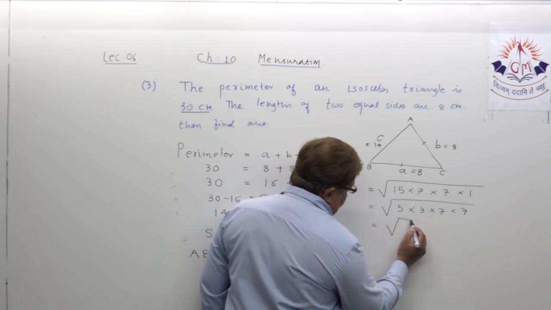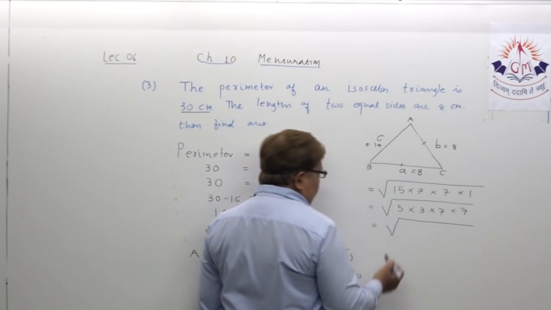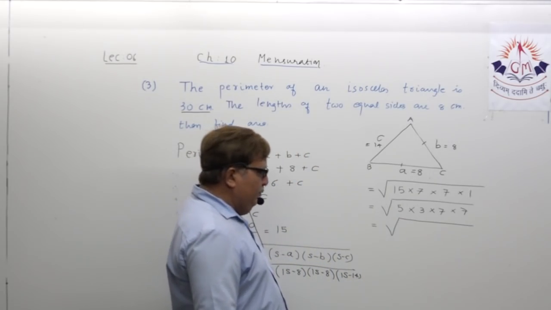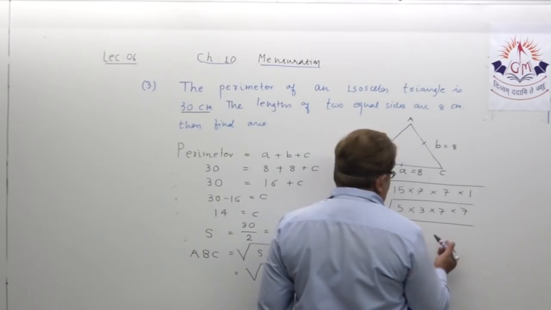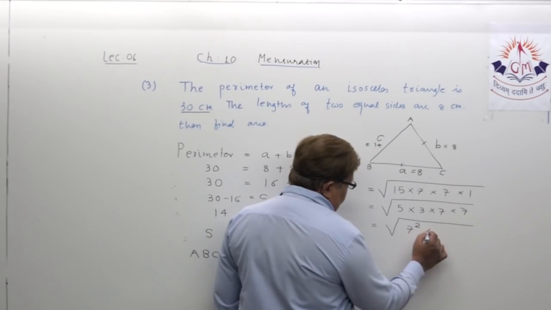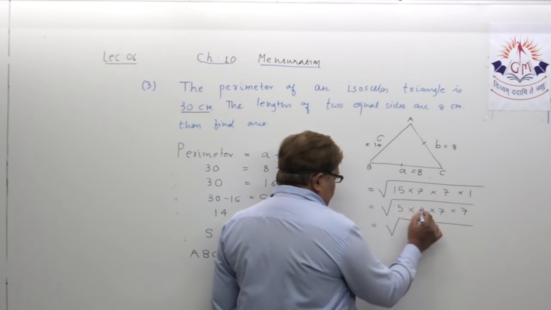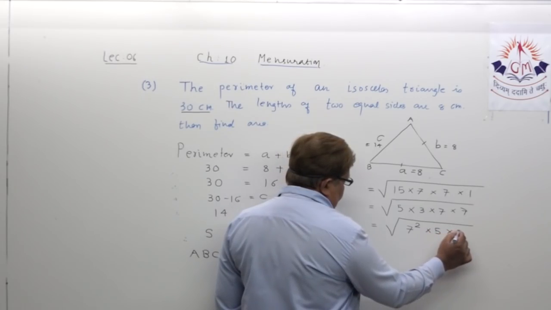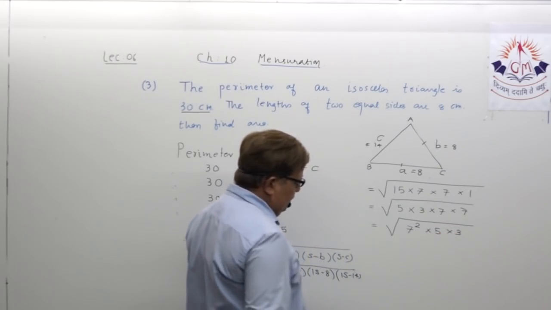Now, are we getting a pair of 5? No. Are we getting a pair of 3? No. Only we are getting the first pair. You write 7 square. Rest of the prime factors whose pair are not possible, write this way.